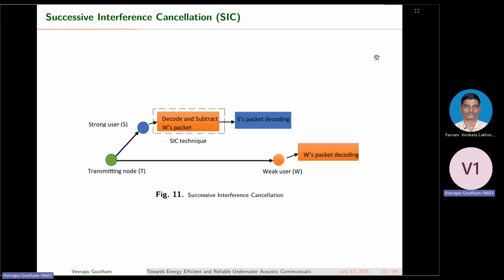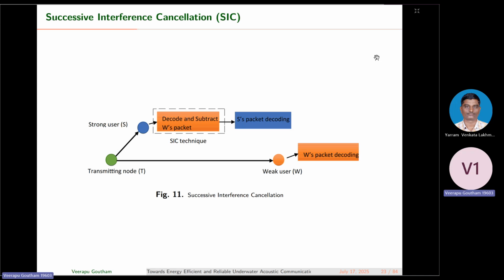Now, what will this transmitting node do? First, it will combine the signals of the weak user and the strong user using the superposition principle. It will allocate some power to the weak user signal and some power to the strong user signal.